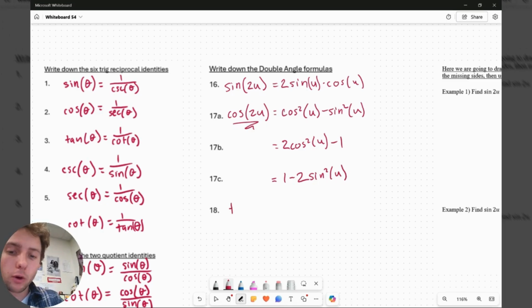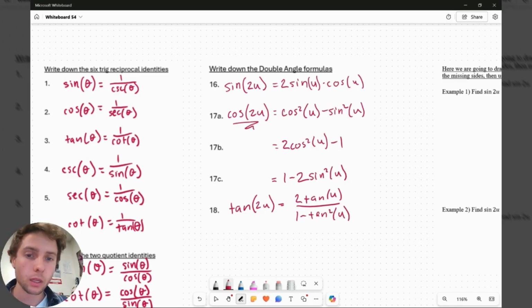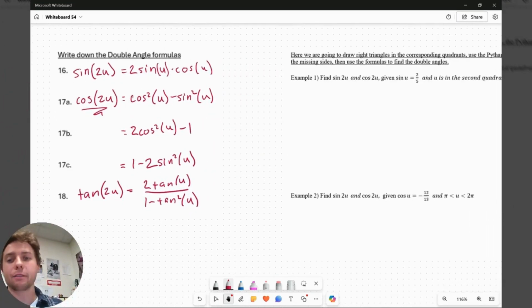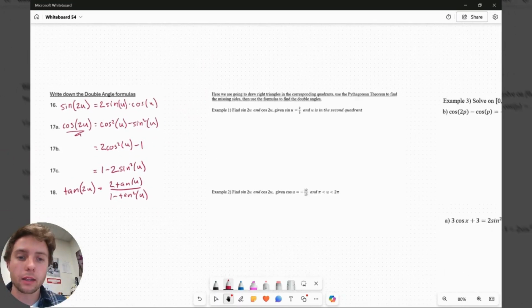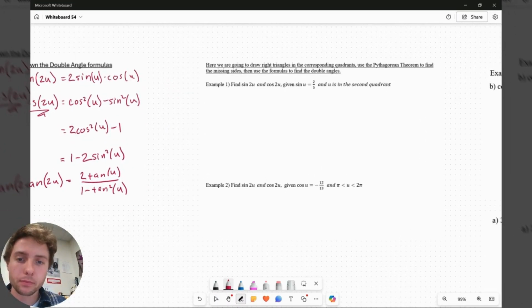Last one is for tangent. So tangent of 2u is equal to 2 tan u over 1 minus tangent squared u. Okay. So using those 5 different formulas, let's go ahead and look at some of these problems.